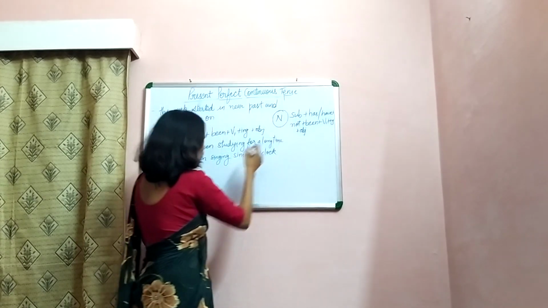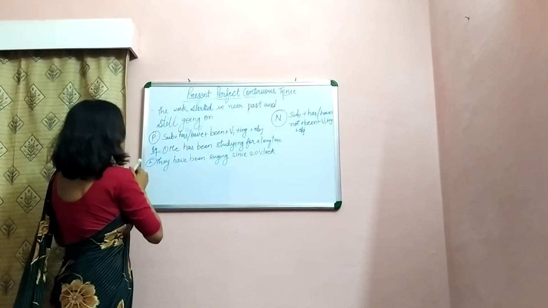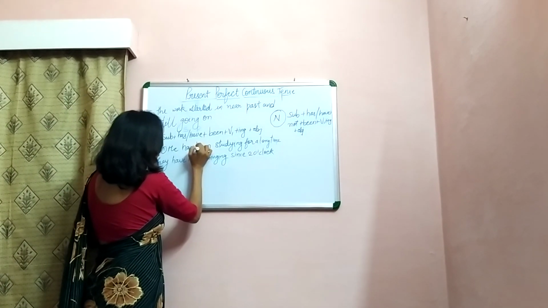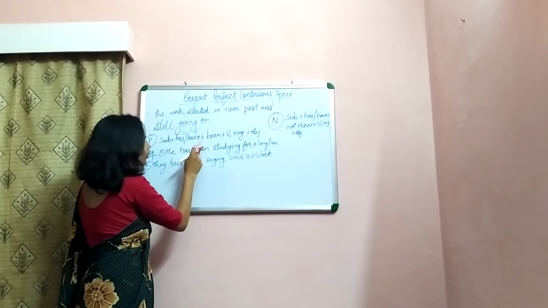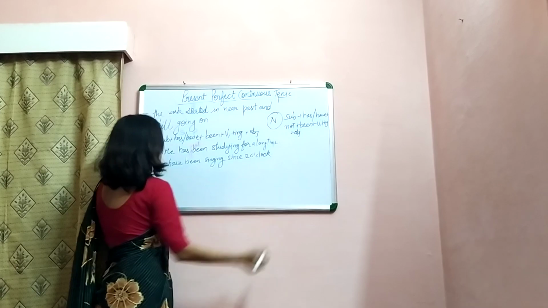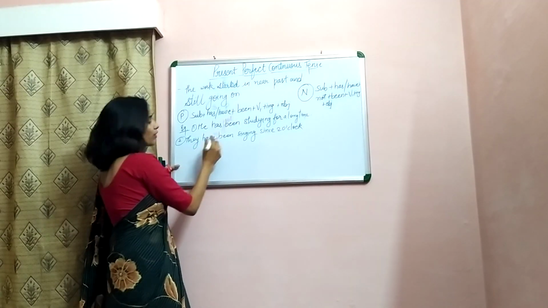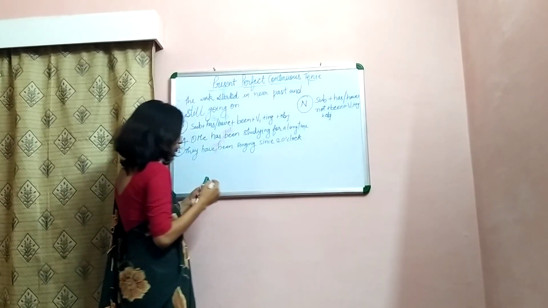I am going to show you negative here with the red color. In the same sentence, he has, we have to add not here. So the sentence will be he has not been studying for a long time. They have not been singing since 2 o'clock.